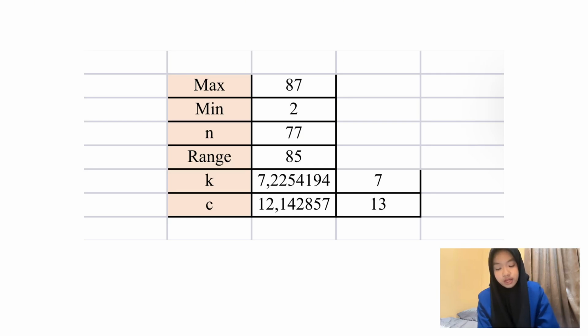Finally, the class width C is calculated by dividing the range by K: =ROUNDUP(85 / 7) = ROUNDUP(12.14) = 13.